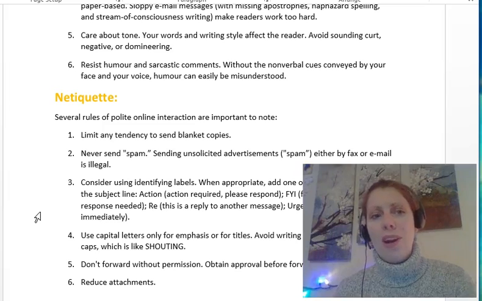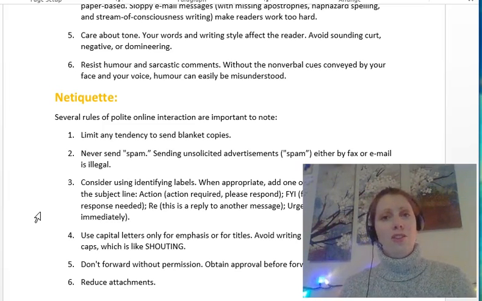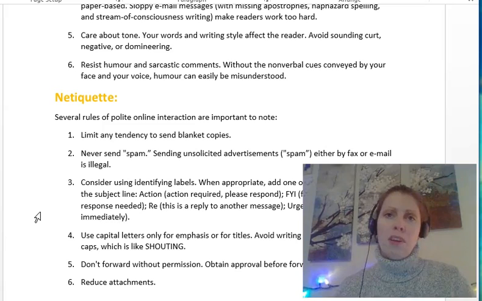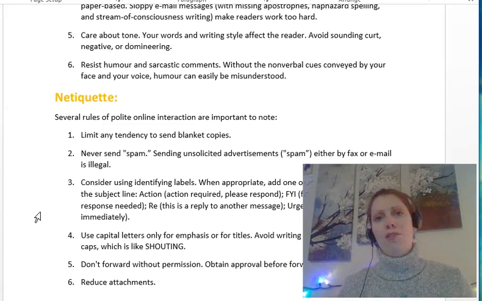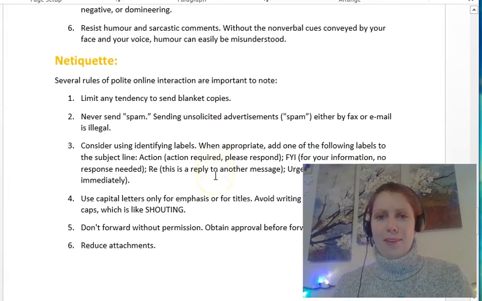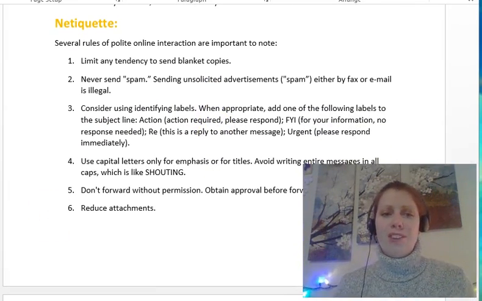Even though we want to have fun and we want to joke around sometimes, we're not texting, no emoticons. And the problem is when you're writing, people don't get your tone, your facial expressions, your body language. They don't see you, so they don't know how you mean it. Just be careful of that as well, because you don't want to tick somebody off by accident.